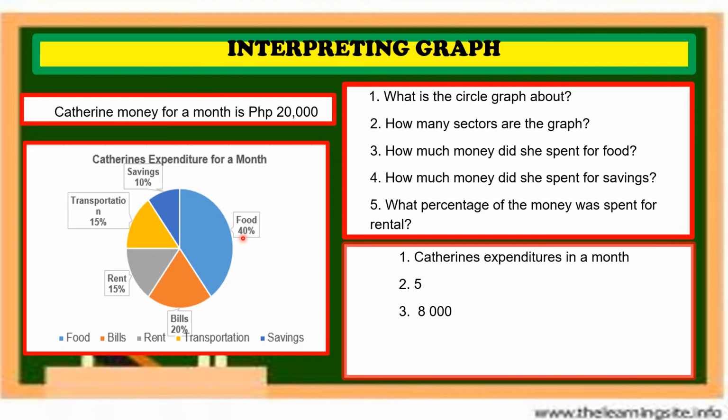The answer is 8,000. How much money did she spend for savings? 10% of 20,000. That is 2,000. What percentage of money was spent for rental? So we have rental. The answer is 15%.